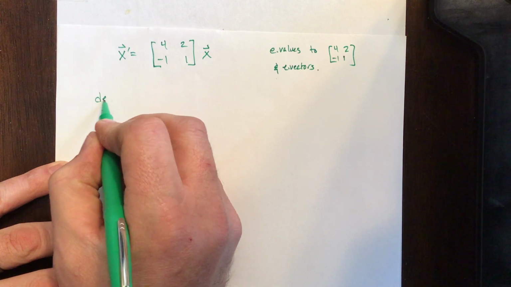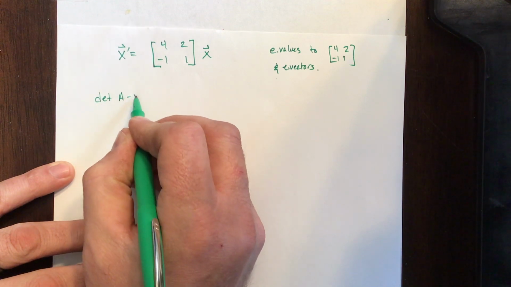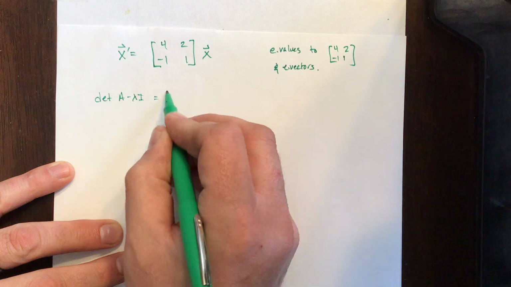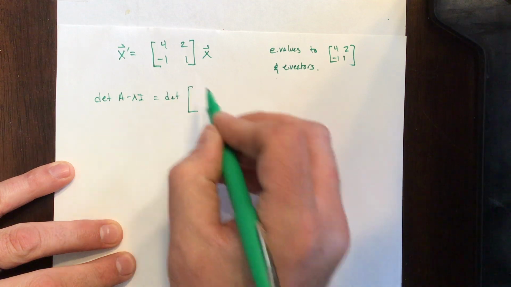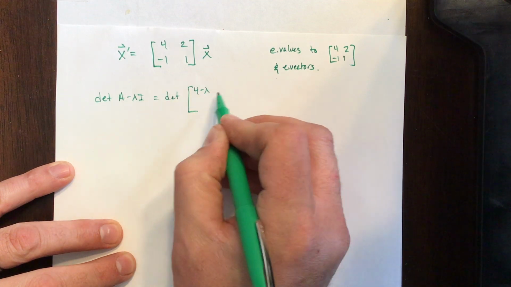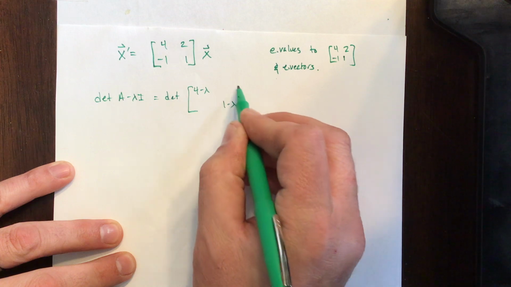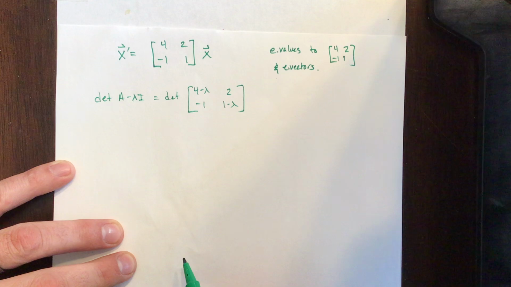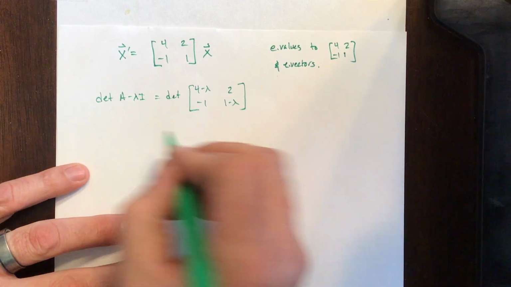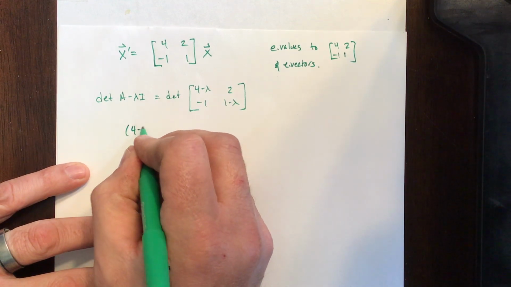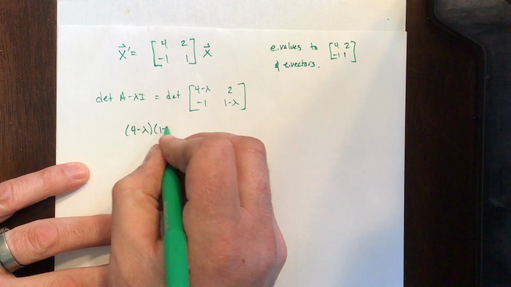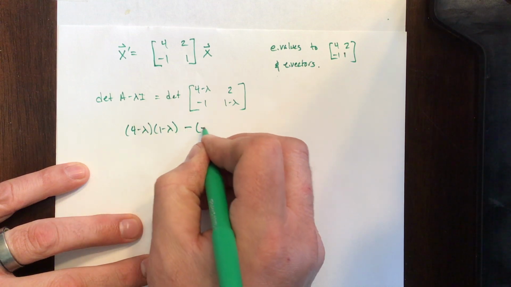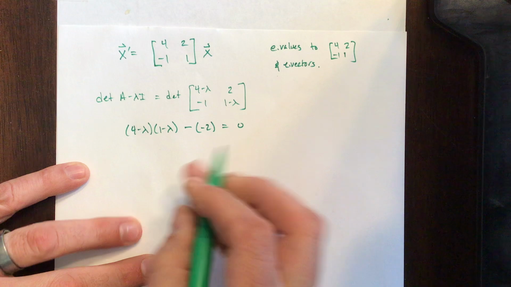We need to take the determinant of A minus lambda I. So that's the determinant of the matrix with entries 4 minus lambda, 2, negative 1, 1 minus lambda. So (4 minus lambda)(1 minus lambda) minus (negative 2) is equal to 0.